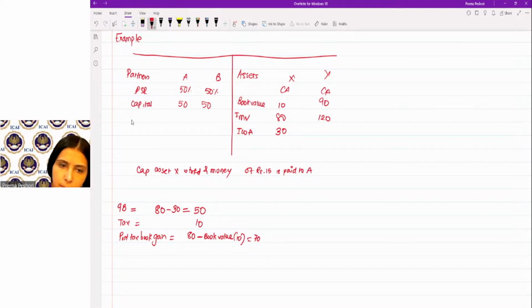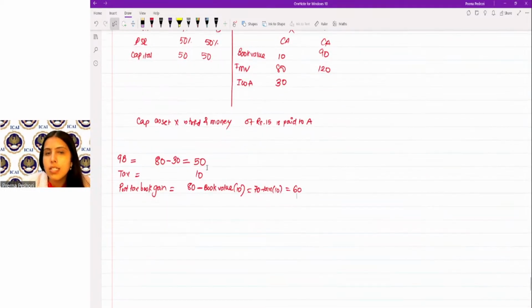So 70 minus, again, tax amount, which is 10, 60. Post-tax book gain is 60. Yes, Bhomik, Gopika, yes. Are we clear? So post-tax book gain is 60. Now what is my 45.4? What is my 45.4?